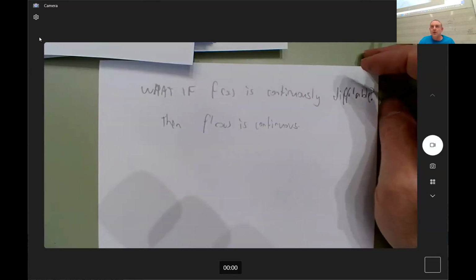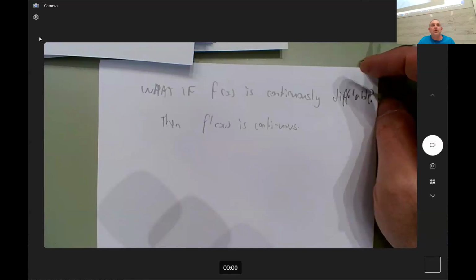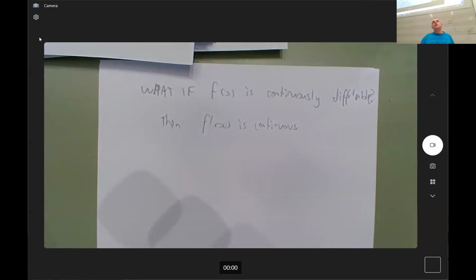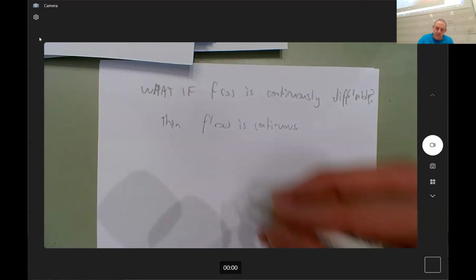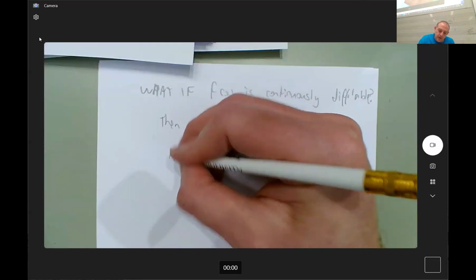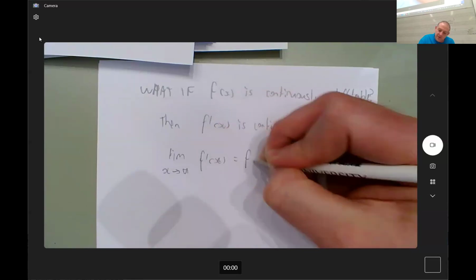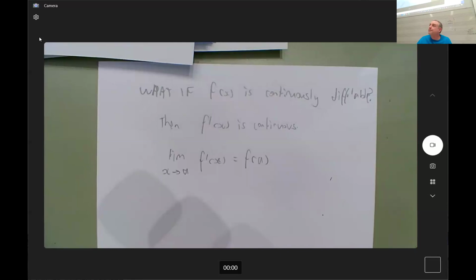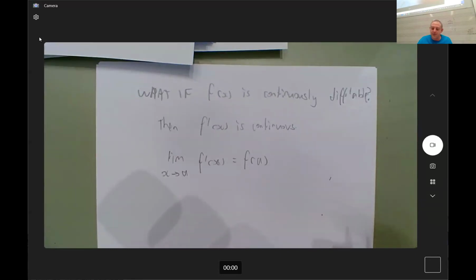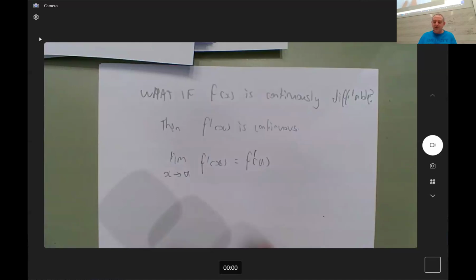And therefore, how does the limit work with continuous functions? So f dashed x is continuous, and that means that the limit as x approaches a of f dashed of x is in fact equal to f dashed of a. Because f dashed is continuous, the limit as you go to any particular spot is the same as the function value.